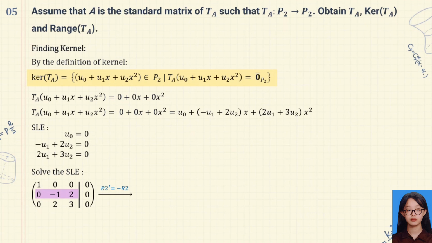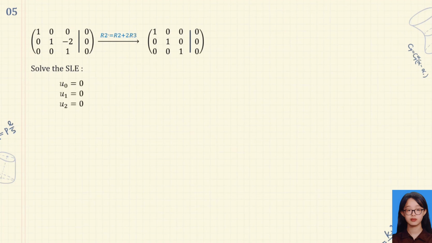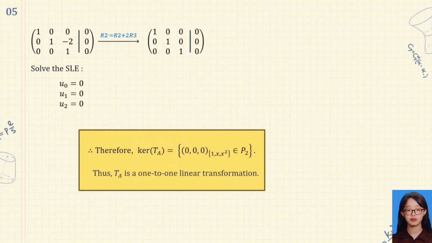By solving using Gaussian elimination, we get u0 equals 0, u1 equals 0, and u2 equals 0. Therefore, the kernel of T_A is the zero polynomial in P2. Thus, we can conclude that T_A is a one-to-one linear transformation.